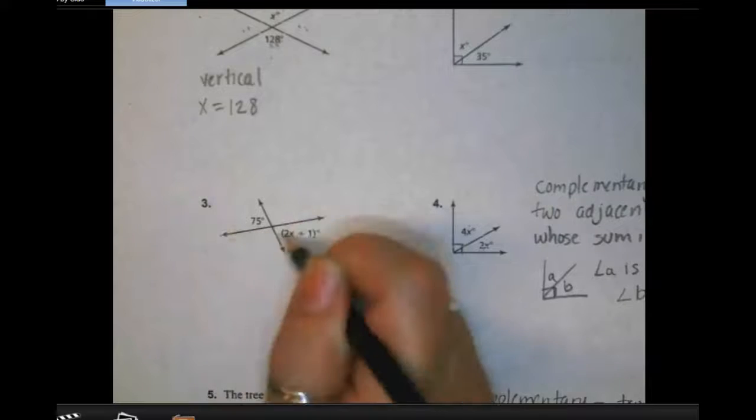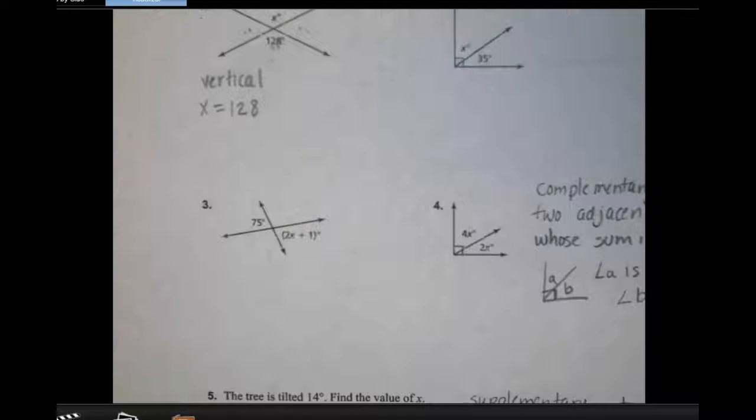Jordan says they're vertical. Greg, do you agree? I need you to know. They're not vertical. They don't go across the X. They do. So are they vertical or adjacent? They are vertical. Okay, so what do I know about vertical angles?